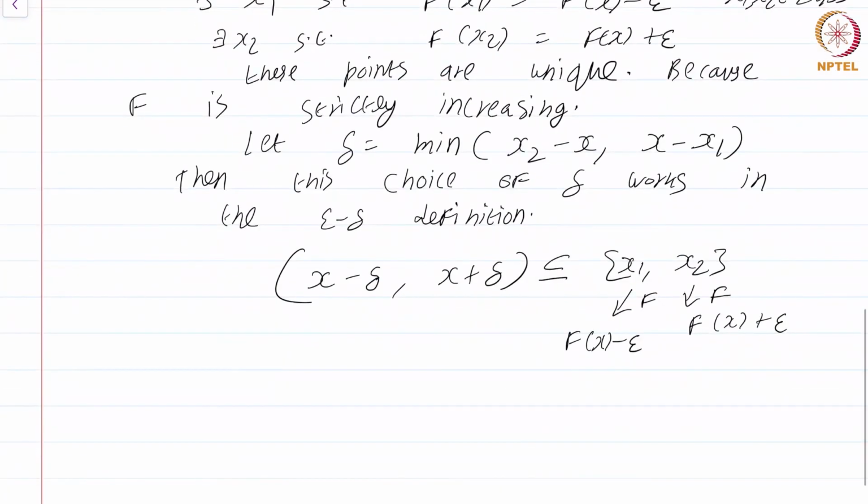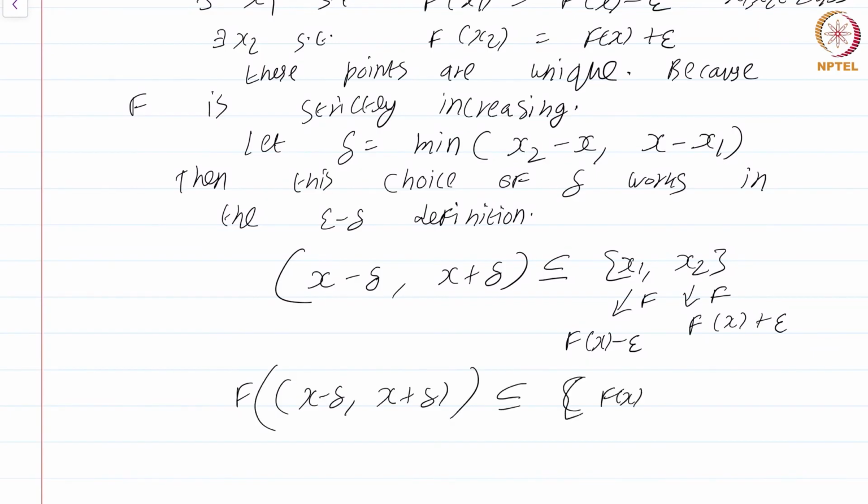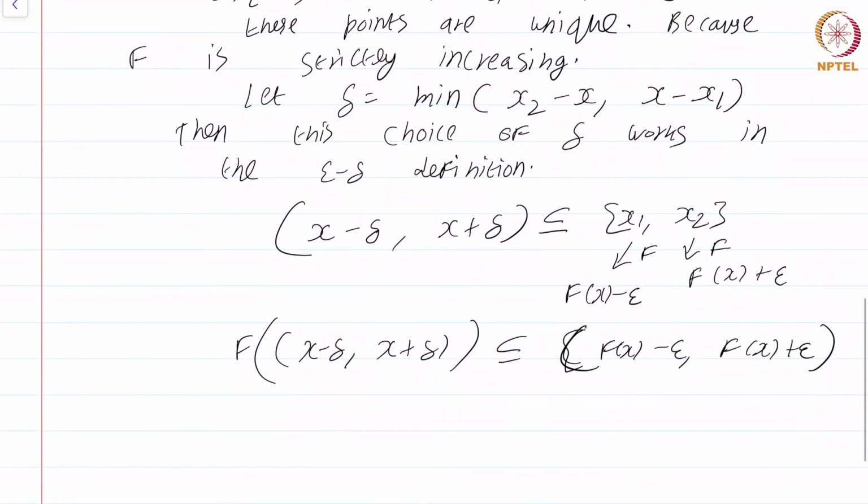By the strictly increasing property, that means f of (x minus delta, x plus delta), this entire interval, has to be contained in the open interval (f of x minus epsilon, f of x plus epsilon). Which is nothing but the epsilon delta definition. Hence proved.